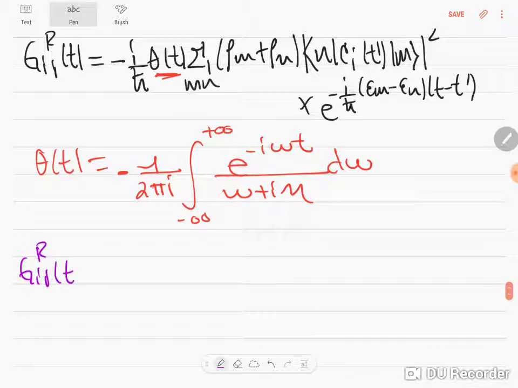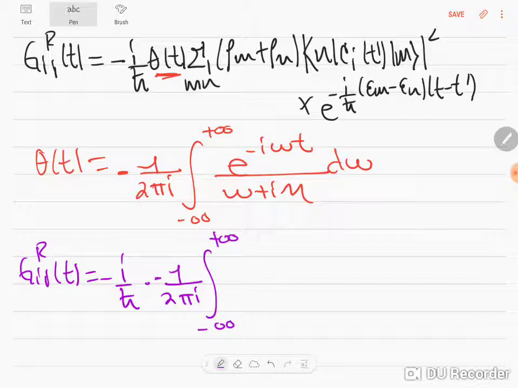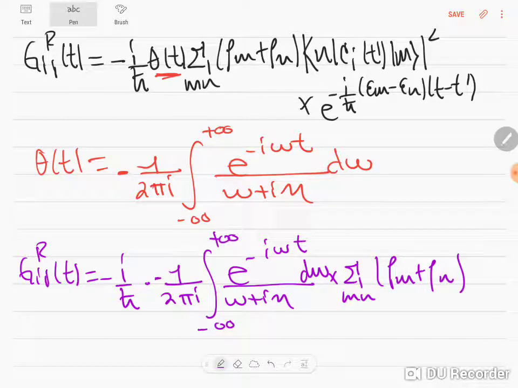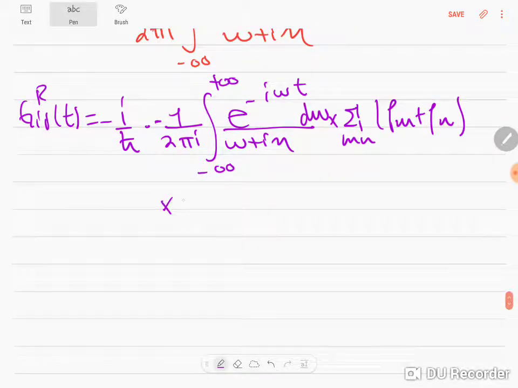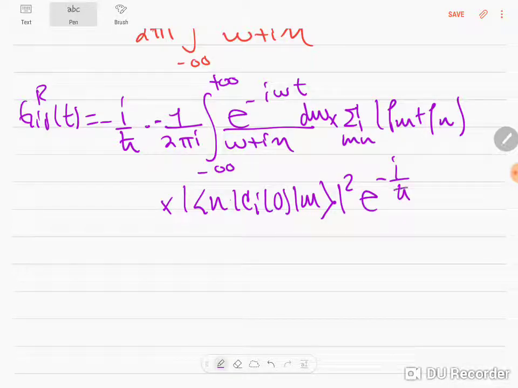G_ii retarded of t will be minus i over h bar times 1 over 2 pi i, minus here, integral from minus infinity to plus infinity of e to the minus i omega t divided by omega plus i eta, d omega, times the summation over m and n, rho_m plus rho_n, times the sandwich of c_i of 0 between bra n and ket m, all squared, times e to the minus i over h bar (E_m minus E_n) (t minus t prime).